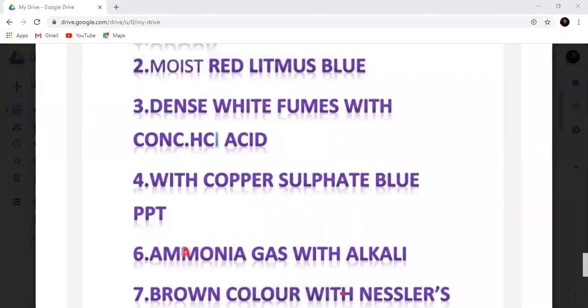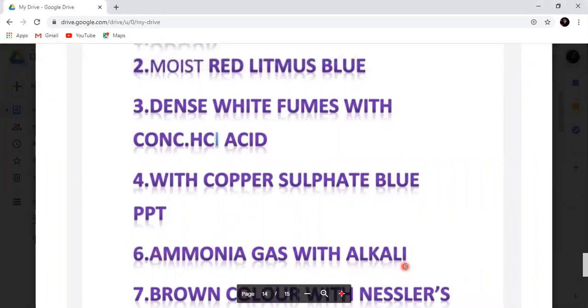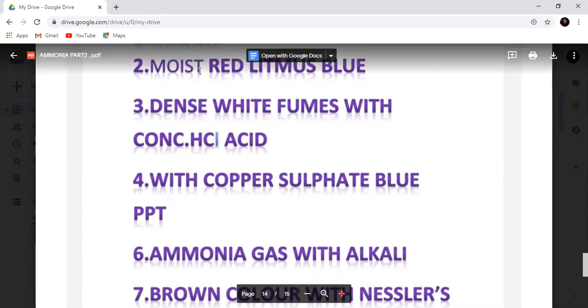Next property: generally ammonia gas is produced when it is treated with alkali. Whenever we are treating with alkali, normally sodium hydroxide or potassium hydroxide, there will be a formation of ammonia gas, with a pungent choking smell we are observing. Very, very important point.